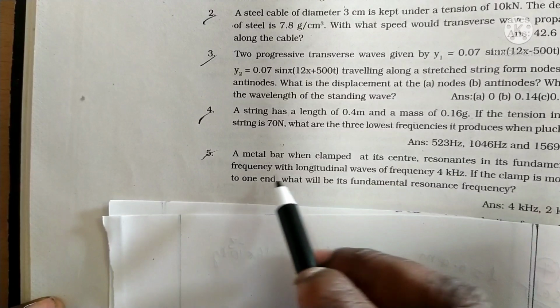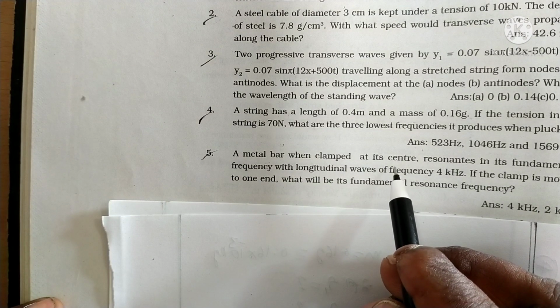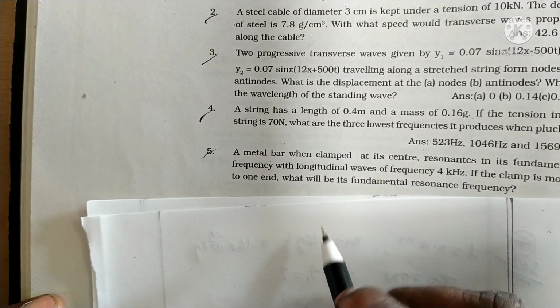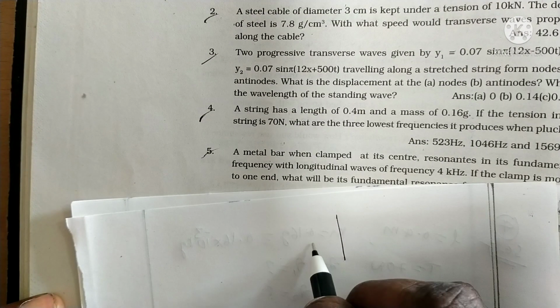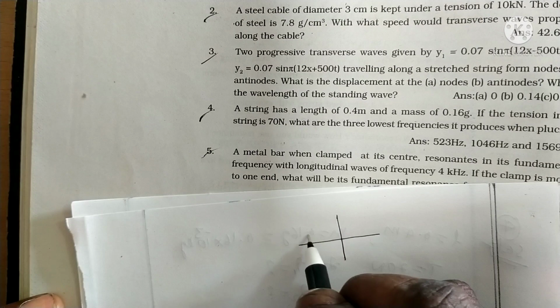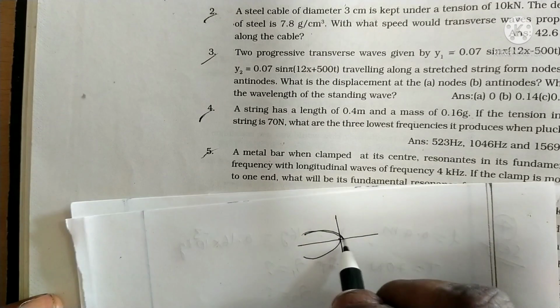See here, the metal bar is clamped at the center. Clamped at the center means that at the center it can form nodes and antinodes.